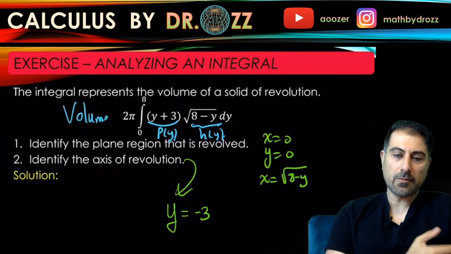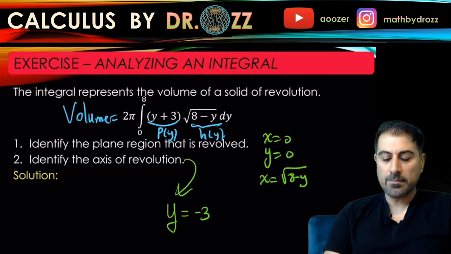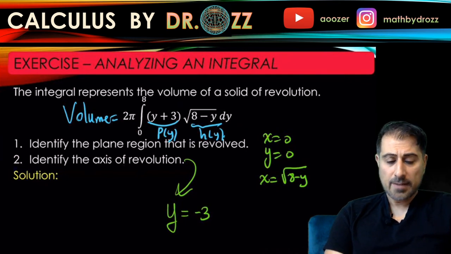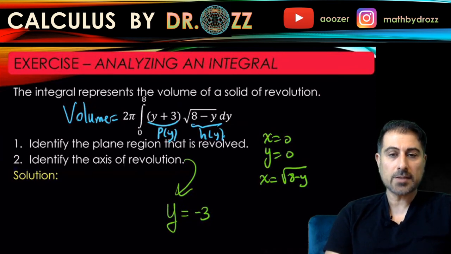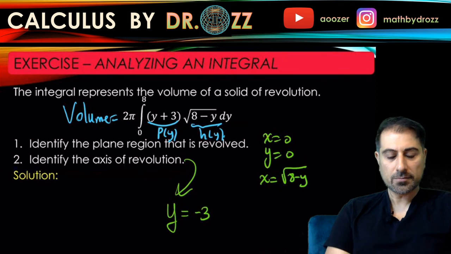We're given the volume integral and asked to find the plane region and the axis of revolution. That's an interesting question. If I were you, I would practice some other exercises in the textbook to see if you are able to pinpoint the plane region and the axis of revolution.